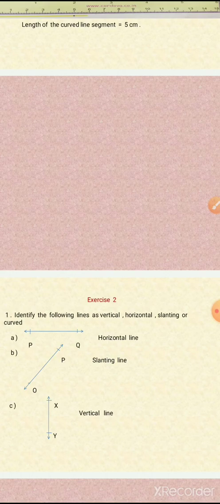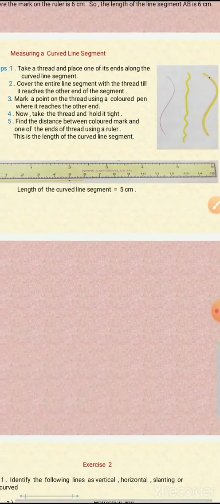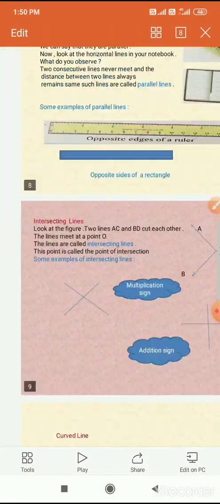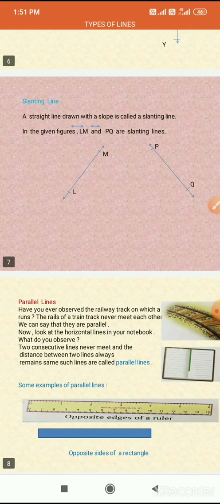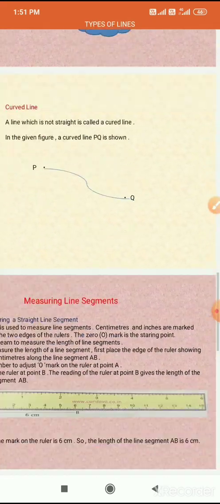The third one is a vertical line. Now, vertical line means which line? Look here, students. A vertical line is one which runs from top to bottom. So the third figure is of a vertical line.